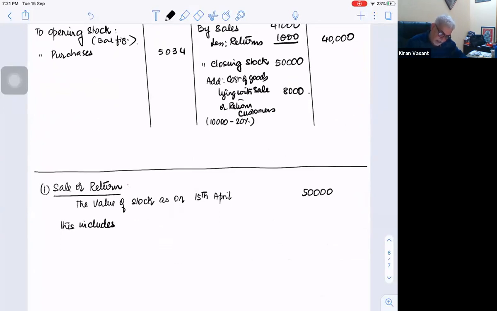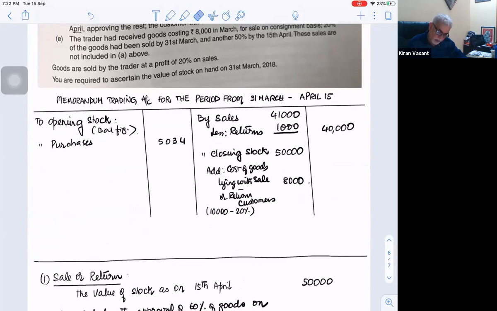This includes the approval of 60% of goods on 16th April. Okay, the total sale or return, forget this point please, I'm not going to consider this now. I'll come to this a little later.